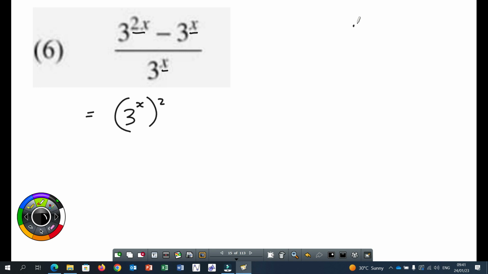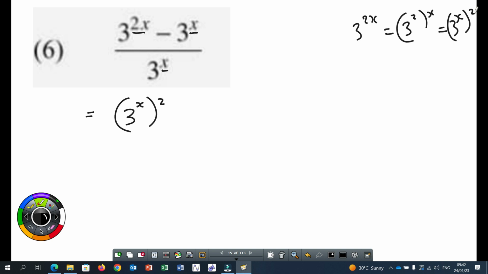Please be aware that 3 to the power of 2x is the same as 3 to the power of 2 all raised to the power of x. And they are both equal to 3 to the power of x all squared. So these three exponential terms, they are equivalent.